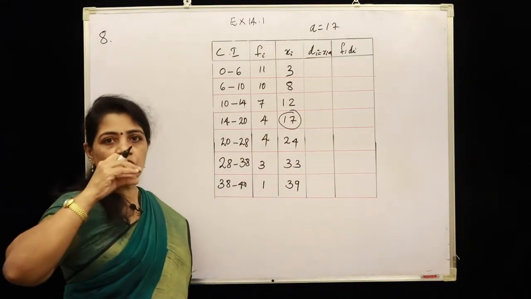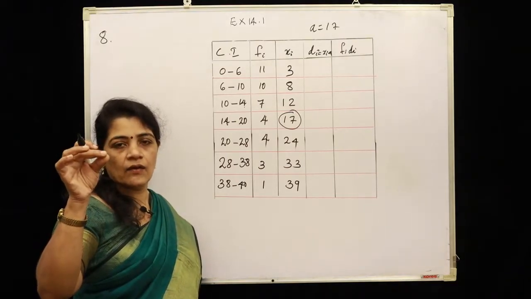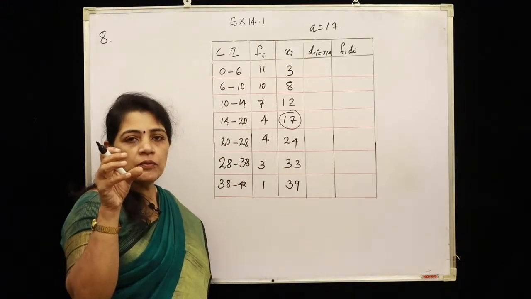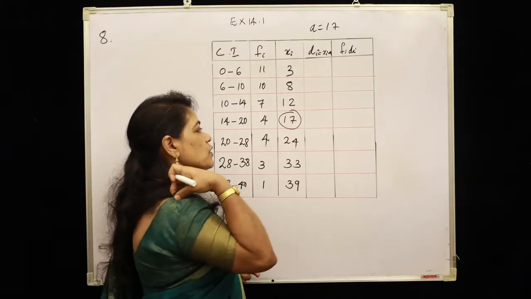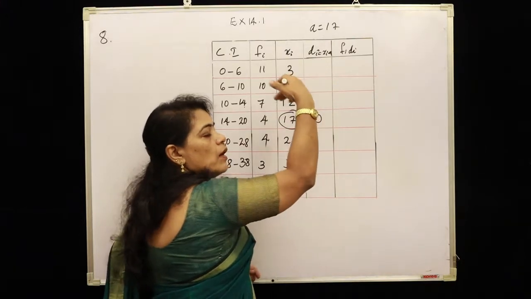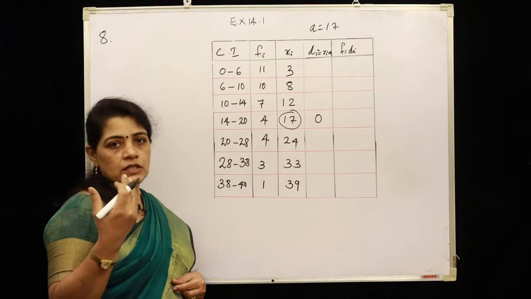We have to subtract this assumed mean from each xi. Understood? Since 17 minus 17 is 0, all the entries above 0 will be negative and after 0 will be positive values.